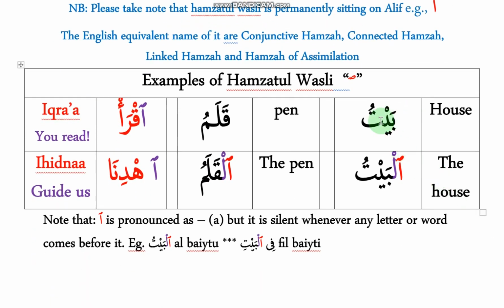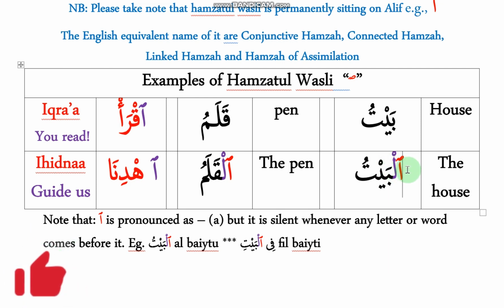For instance, when we say Beit, Beit means a house. And when you say Al-Beit, it means the house. This one is a proper noun, and to make Beit, to make house a proper noun in Arabic, we must add Al to it. That is Alif and Lam.